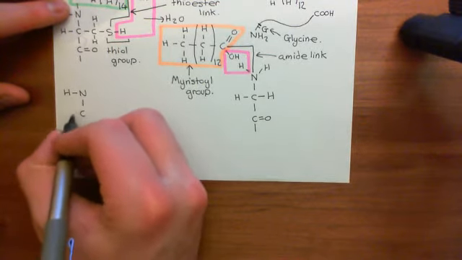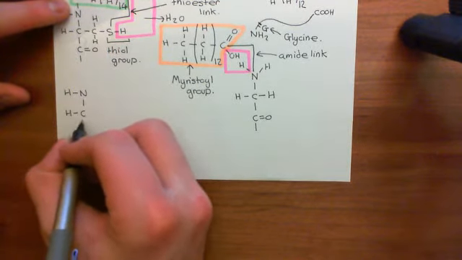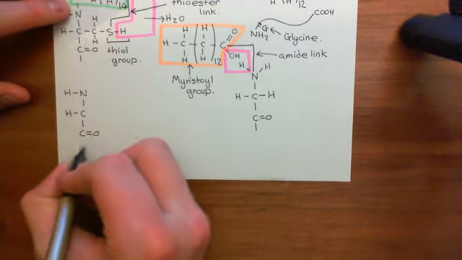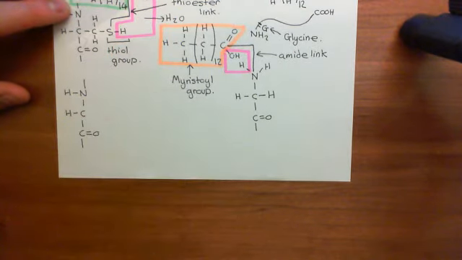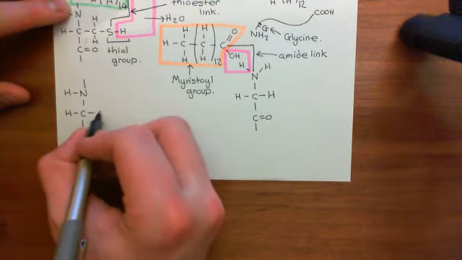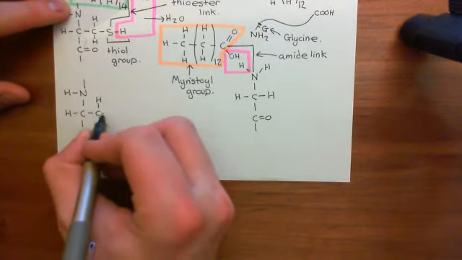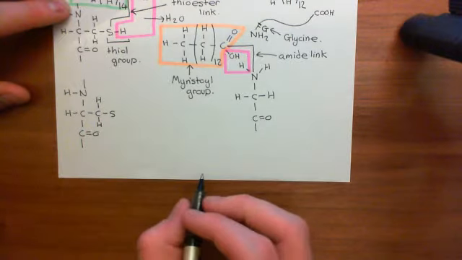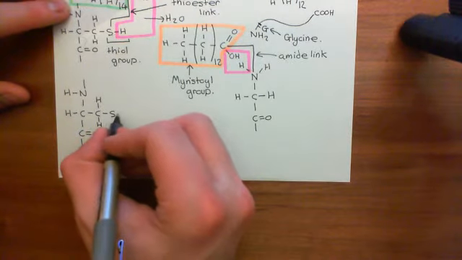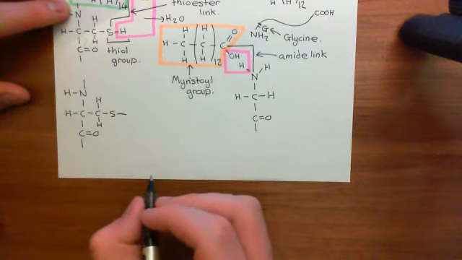Here's our amino terminus, here's our alpha carbon, here's our carboxylic acid group, and again I'll draw it in residue form, so I've drawn it as though it's attached to neighbouring amino acids. Then we've got a methylene group with a thiol group coming off it. And then attached to this sulfur atom you're going to have a geranyl group.